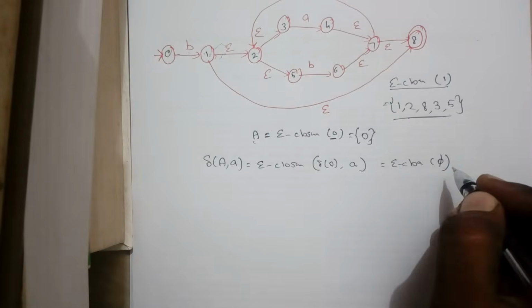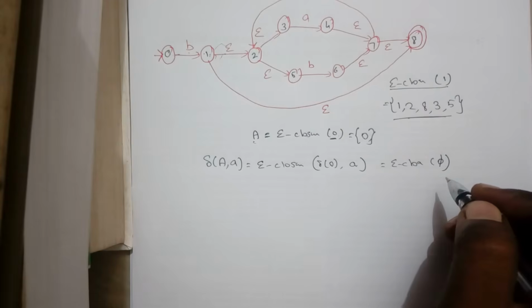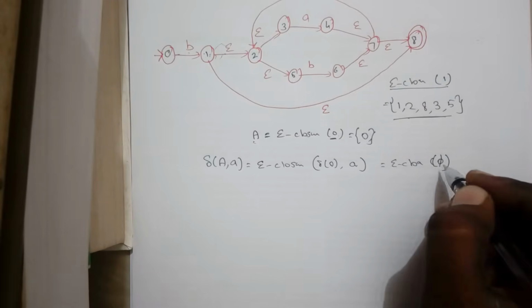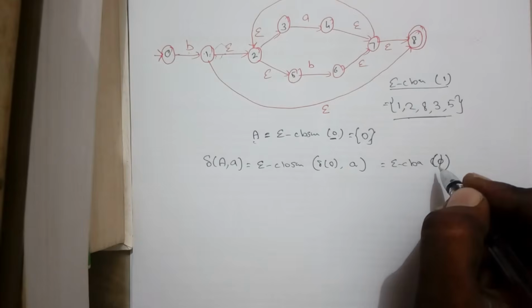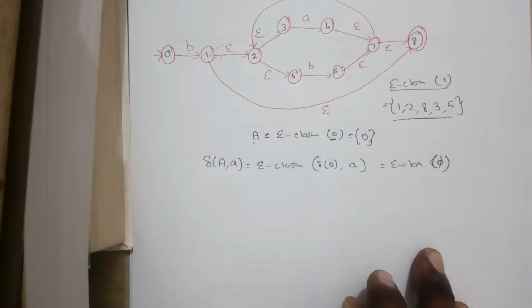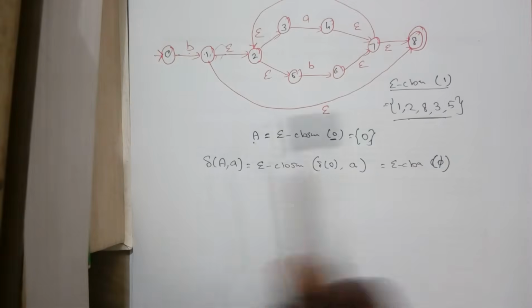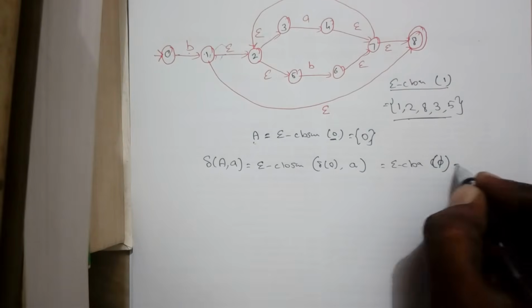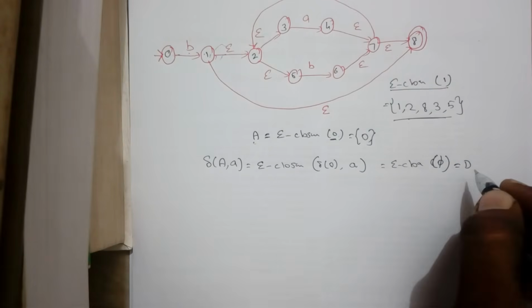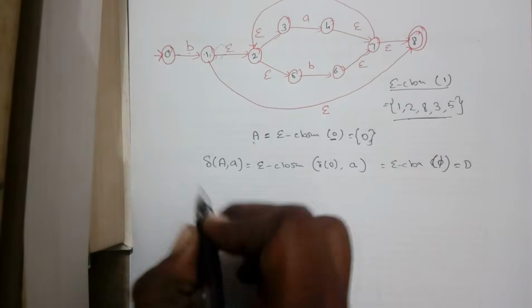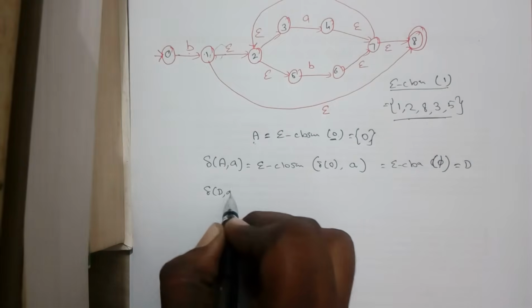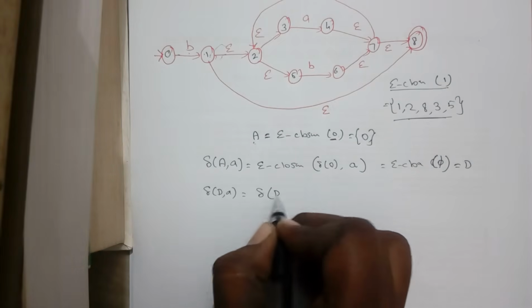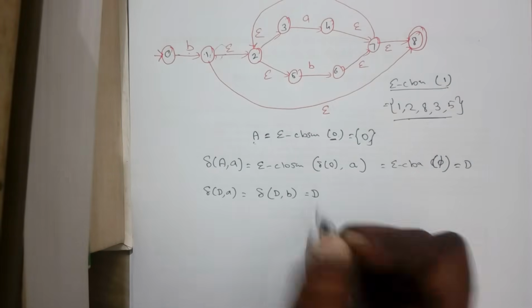There is no transition, so it is a null transition. Suppose you have a null transition over here, we should not leave it just like that. In case of a DFA, whenever you have a transition that leads to null, you have to create a dummy state, a non-final dummy state, and we have to define the transition of the dummy state on both inputs, either A or B. It is a self-loop condition.